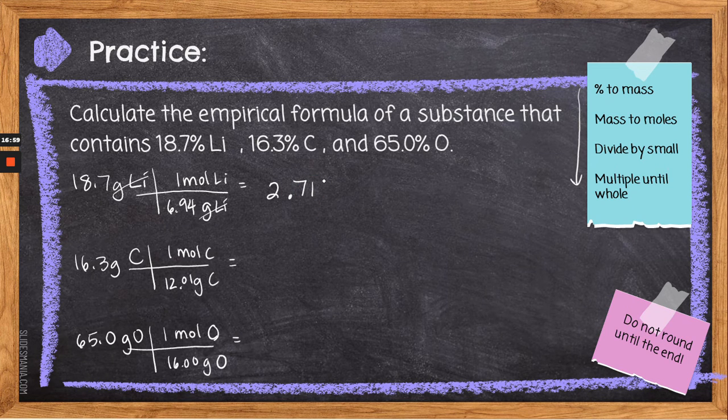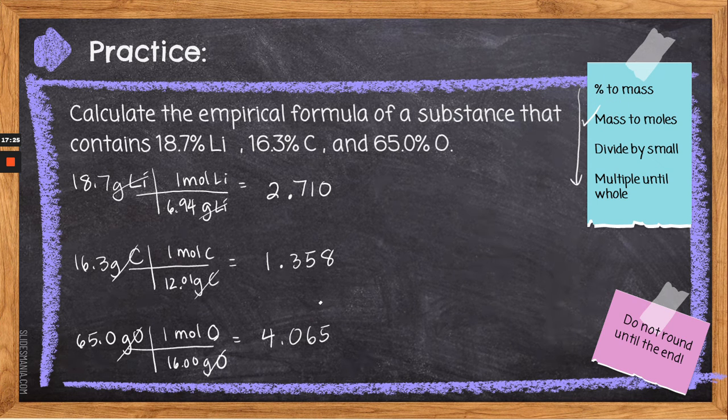So let's say 0.710. 16 divided by 12 is 1.358. And 65 divided by 16 looks like 4.065. Okay, so mass to moles, done.